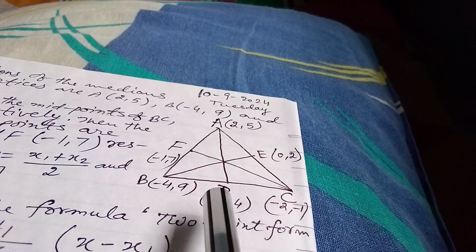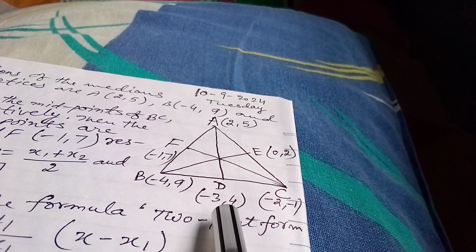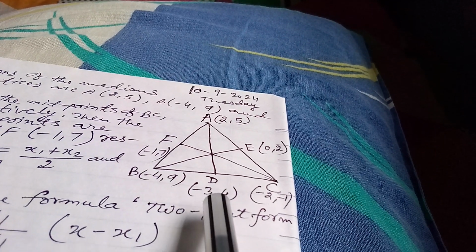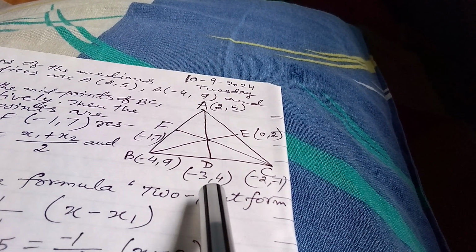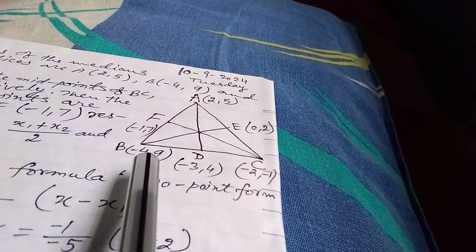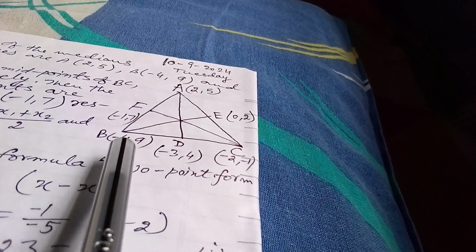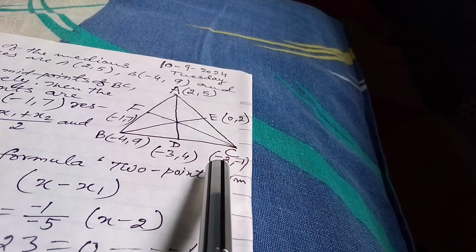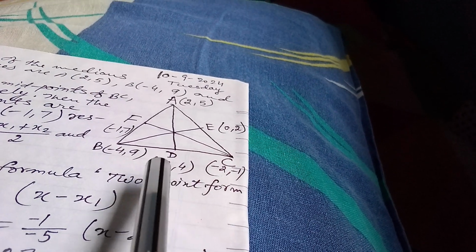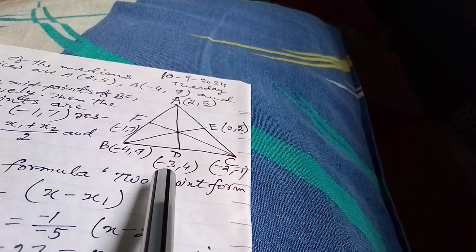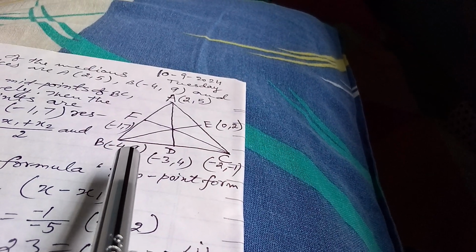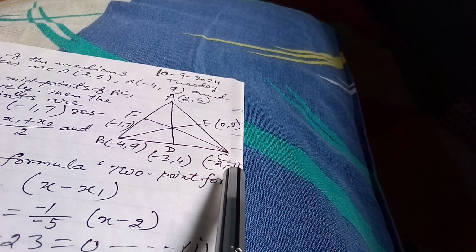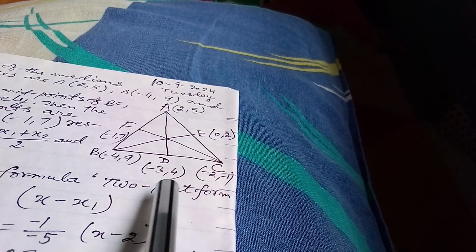And the ordinate is y1 plus y2 by 2, so it will be 4, because in the case of abscissa, minus 4 plus minus 2 divided by 2, that is minus 6 by 2, is minus 3, and y1 plus y2 by 2, that is 9 minus 1 by 2, is 8 by 2, that is 4.